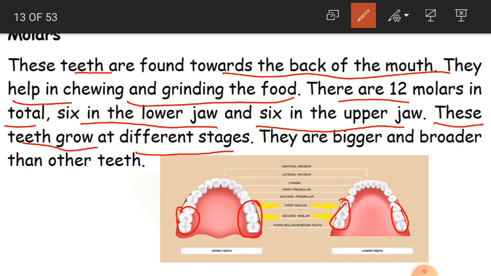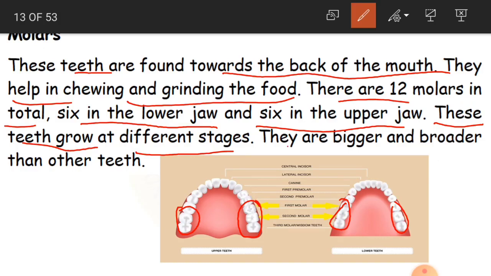So we do not get all the teeth at once, children. We'll get incisors, canines and premolars at a time, but the molars you will not get at once. These teeth will grow at different stages for different people.